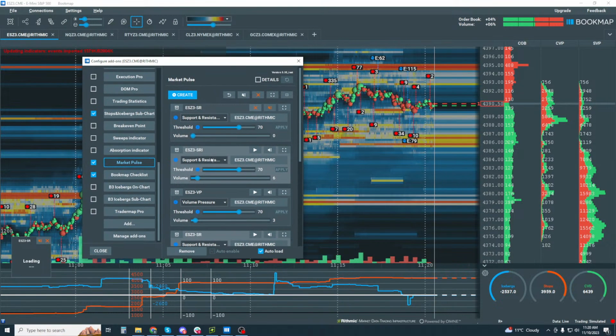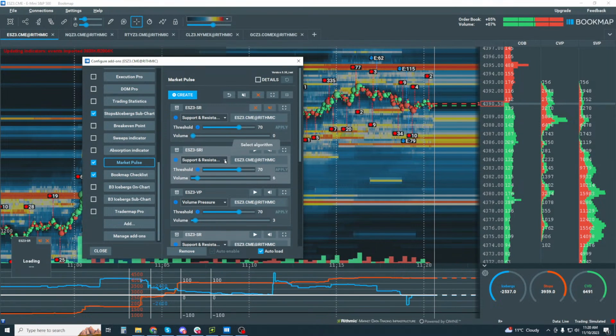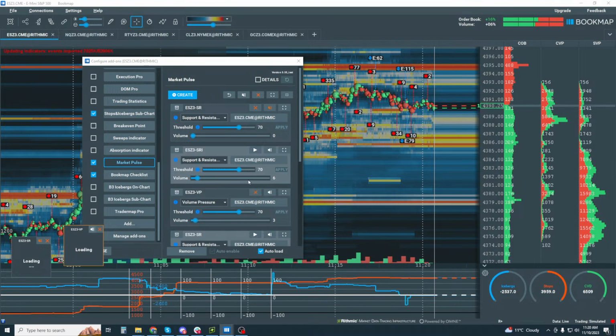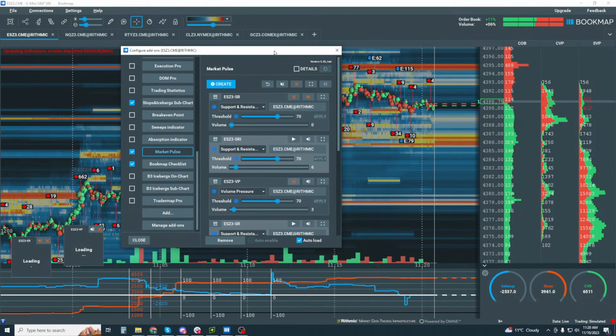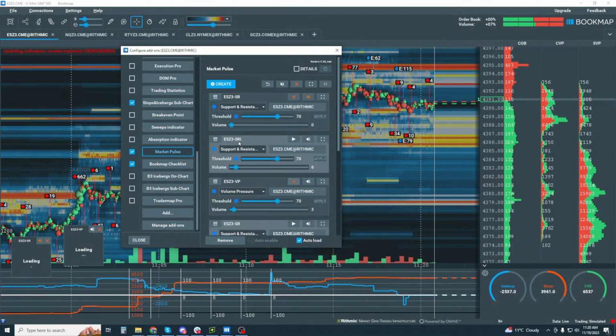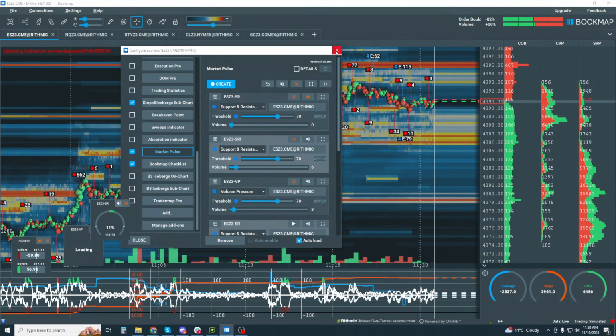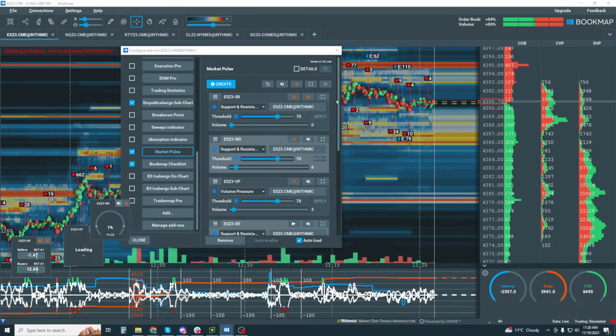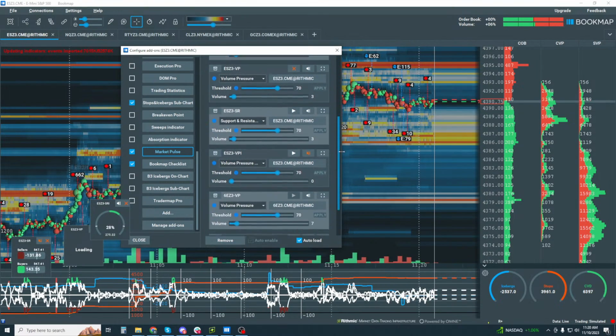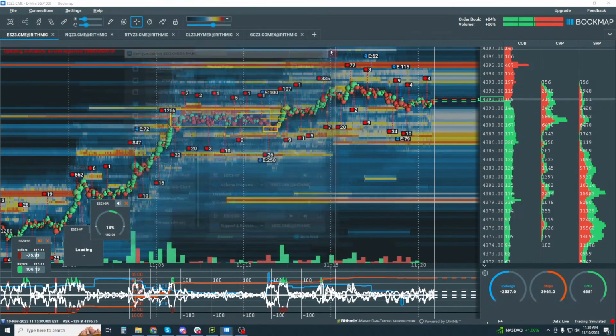And then we've got volume pressure as well. Let's add that one in here. I'm sorry, this is support and resistance in balance. We can add that one as well. So we've got 3. Let's just keep it at that.